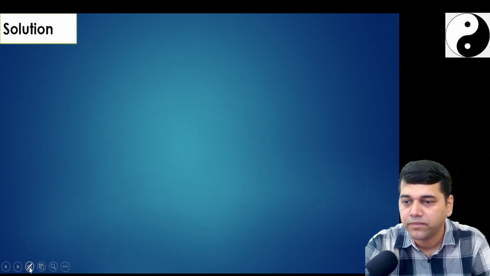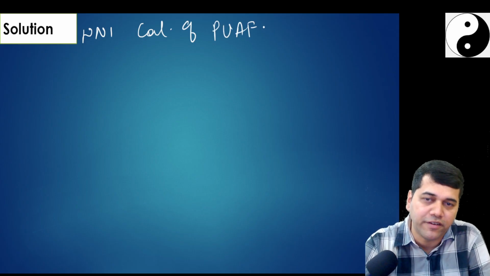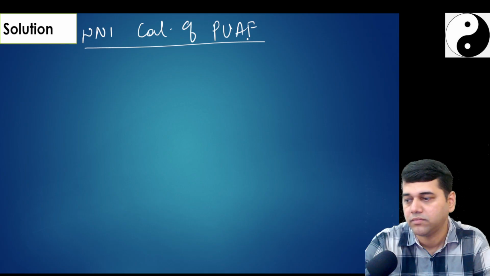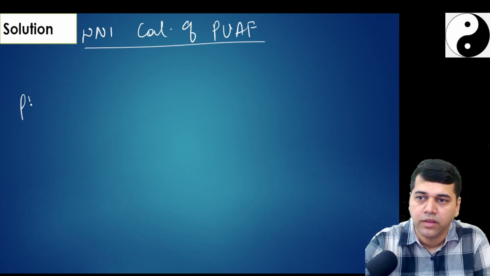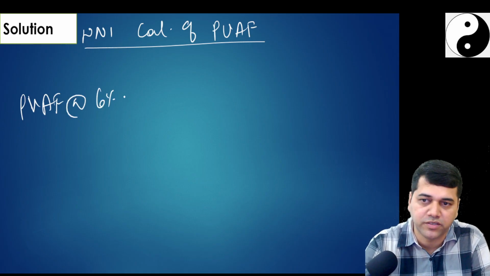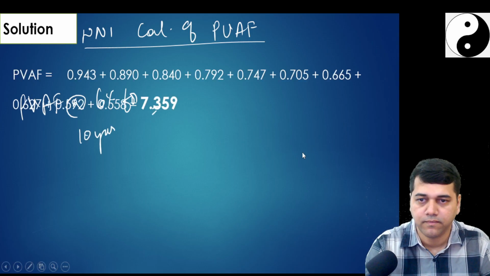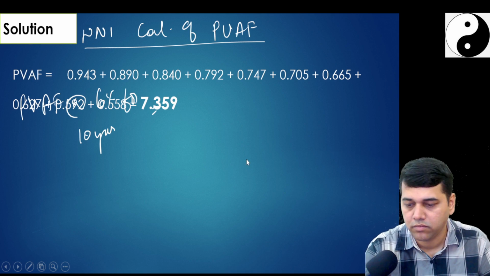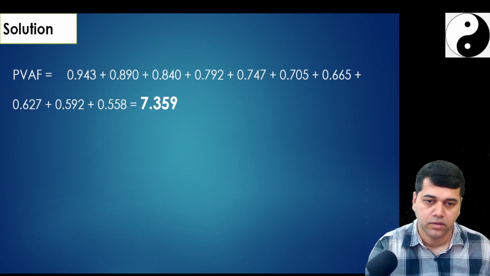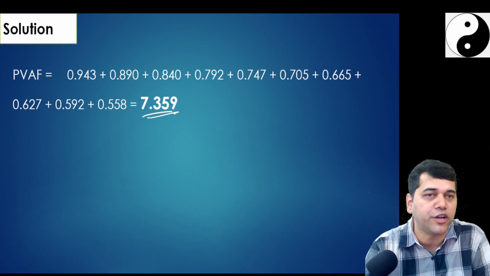Okay, first do working note number 1: calculation of present value annuity factor. Present value annuity factor at the rate of 6% for 10 years is equal to... this is the strategy I suggest to you: first calculate the present value annuity factor.